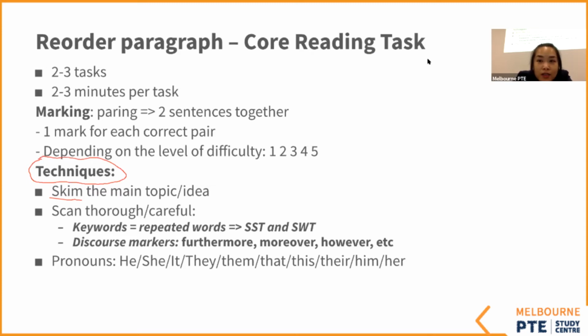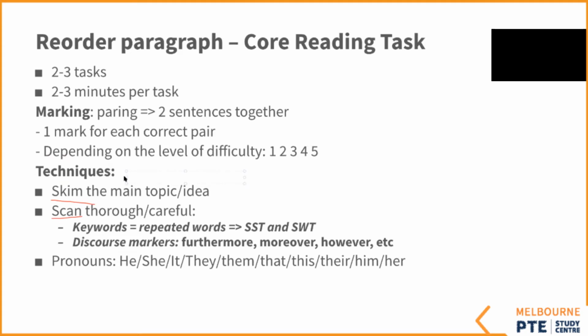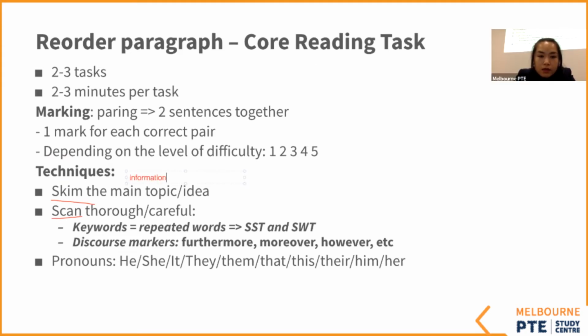No, okay? You need to read first. I need you guys to read through, scan and skim the information, the topic and the idea. So how do I know it's the topic and how do I know it's the idea of the paragraph?